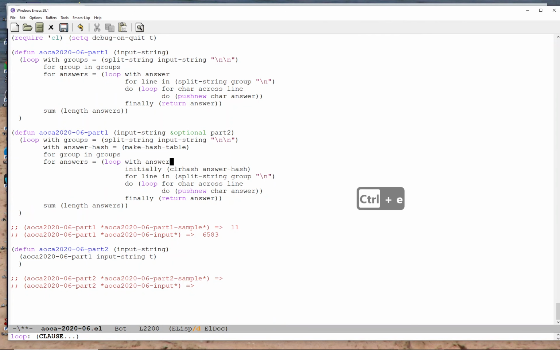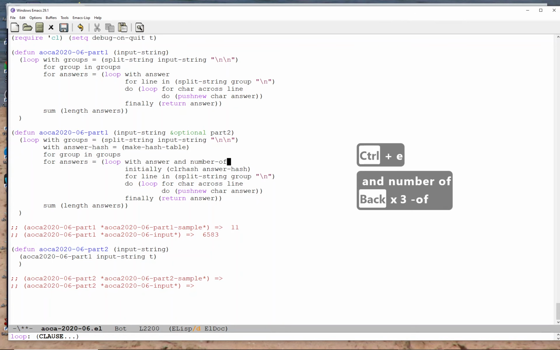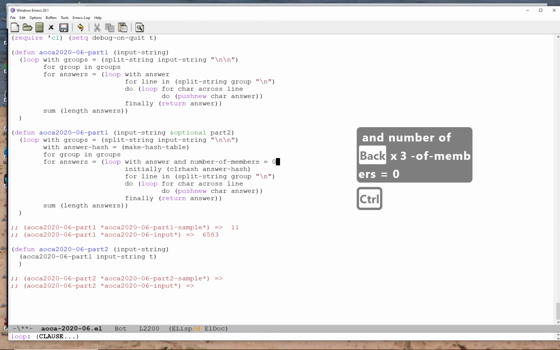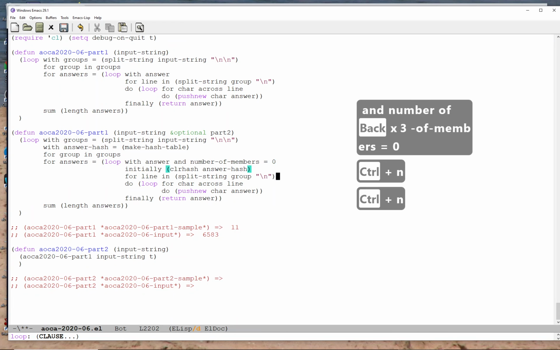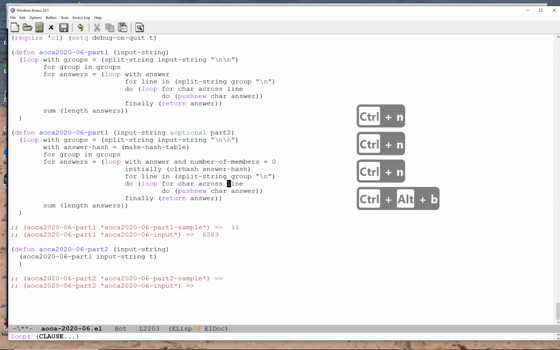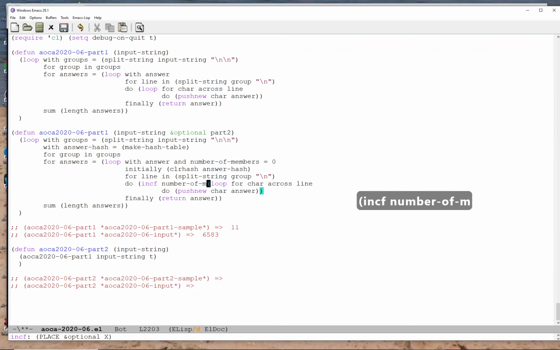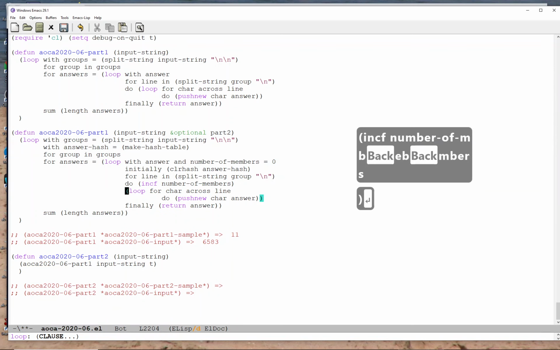Answer and number of members equals 0. So every time we get a line, we're going to do two things. We're going to incf number of members so that we know how many members we've seen in this particular group.